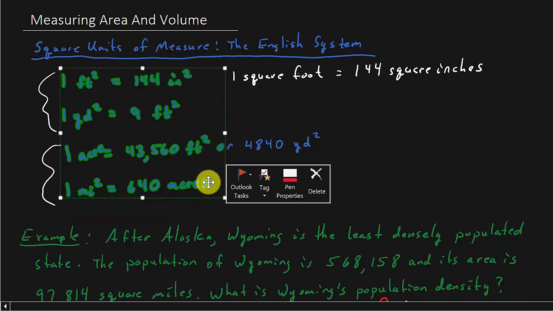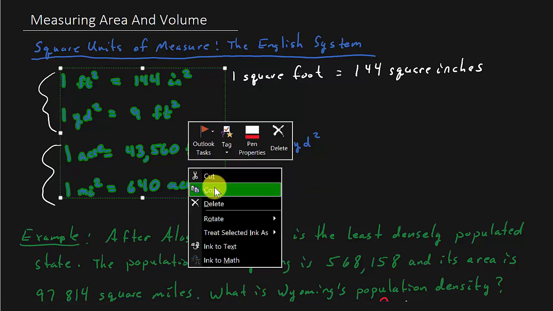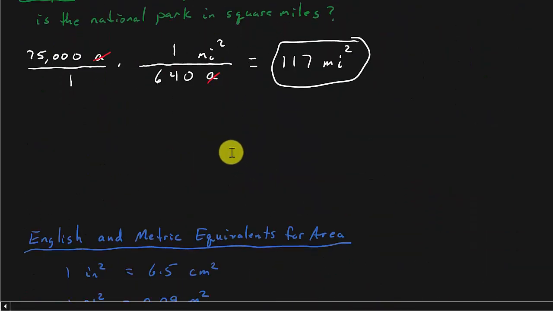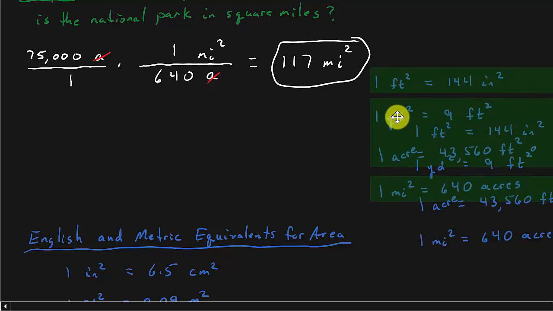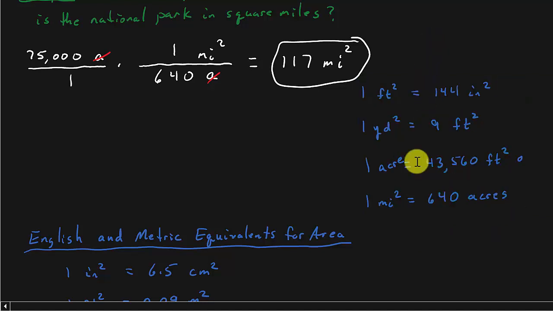Let me just copy that and paste that down here. You see, we got that from here. 1 square mile is equal to 640 acres. You see that? That's all it is.